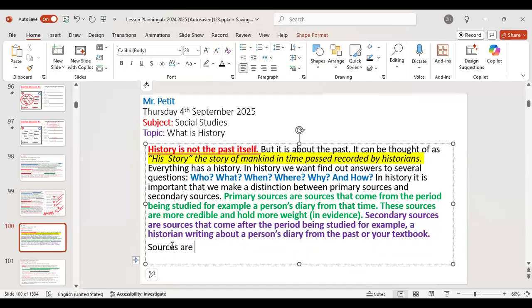Sources can provide evidence about the past. Some are written records, for example, a birth certificate. Anyone ever saw a birth certificate before?